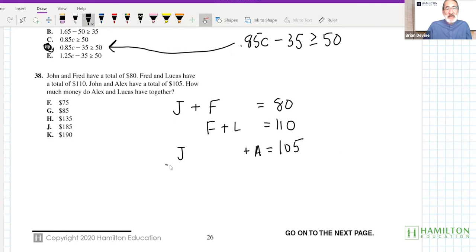And if I take all of this and add it together, I know that John twice plus Fred twice plus Lucas plus Alex have a total of $295.